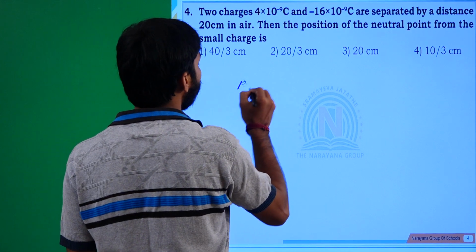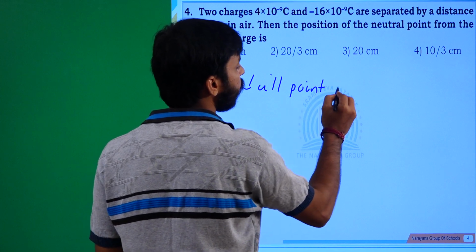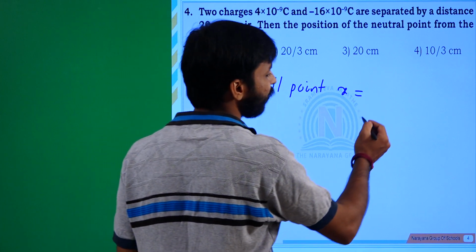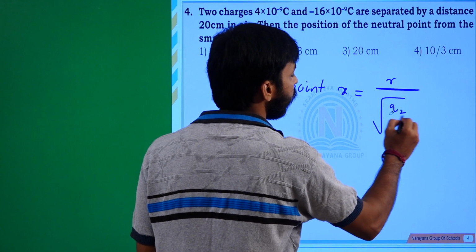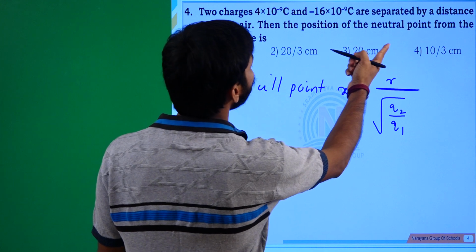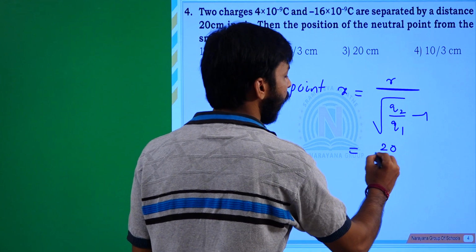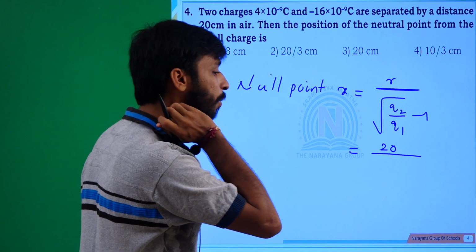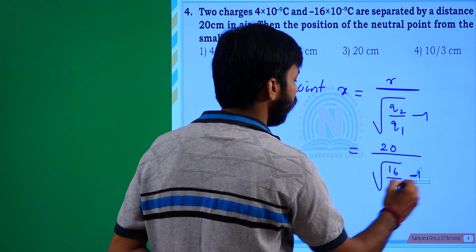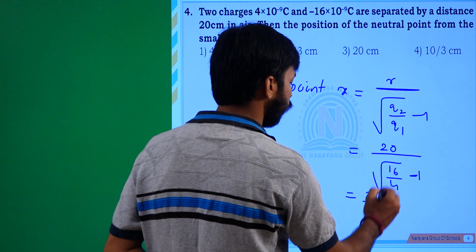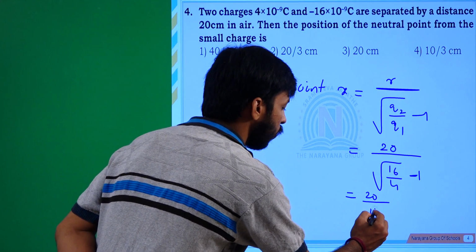Already we know the null point x is equal to r by root over q2 by q1 minus 1, so 20 centimeters by root over 16 into 10 power minus 9 by 4 into 10 power minus 9, minus 1.